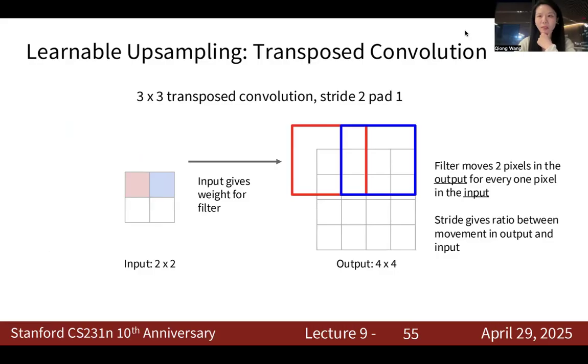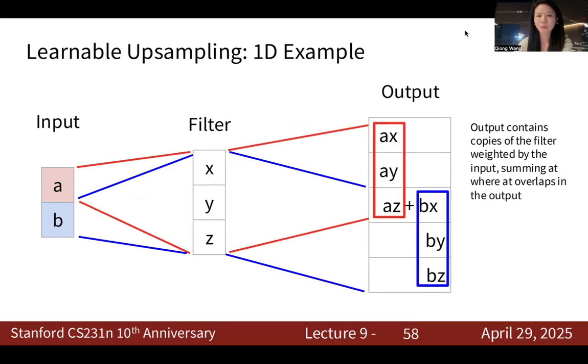It works like this. The difference is the overlap, so what we do is sum those. And this is a 1D example of learnable upsampling. The output contains copies of the filter weighted by the input, summing where they overlap in the output.